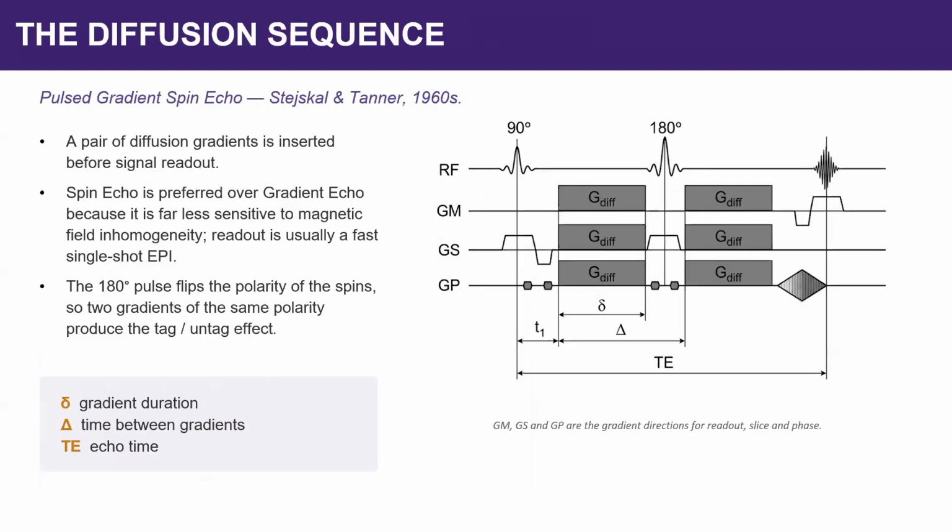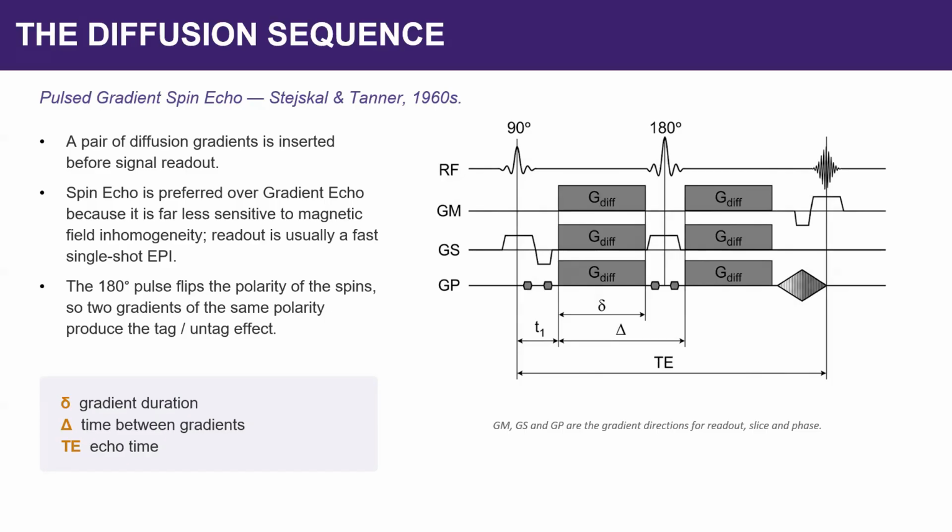And that's the main point of the diffusion sequence, which was developed by Stejskal and Tanner in the 60s. Mainly it's like a spin echo T2 with two gradients, and an EPI readout. You need two gradients because you need to evaluate the difference in the environment.